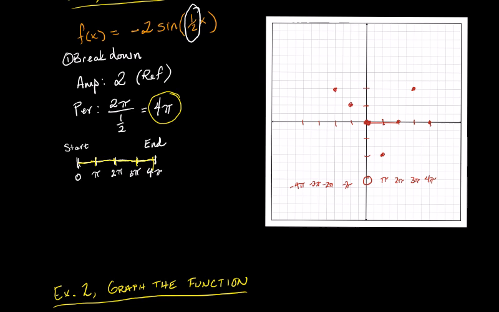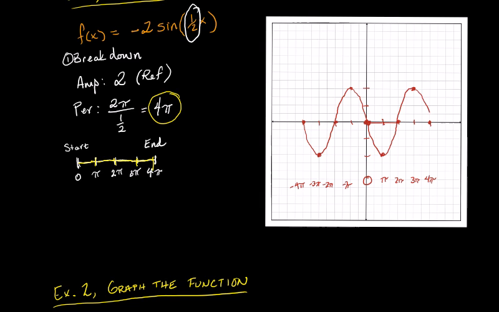Keep the pattern going. Whoops, didn't do that right. It's all good. Up 2, down 2, and then down 2, and back up. Okay, and there's our sine graph with the period change.